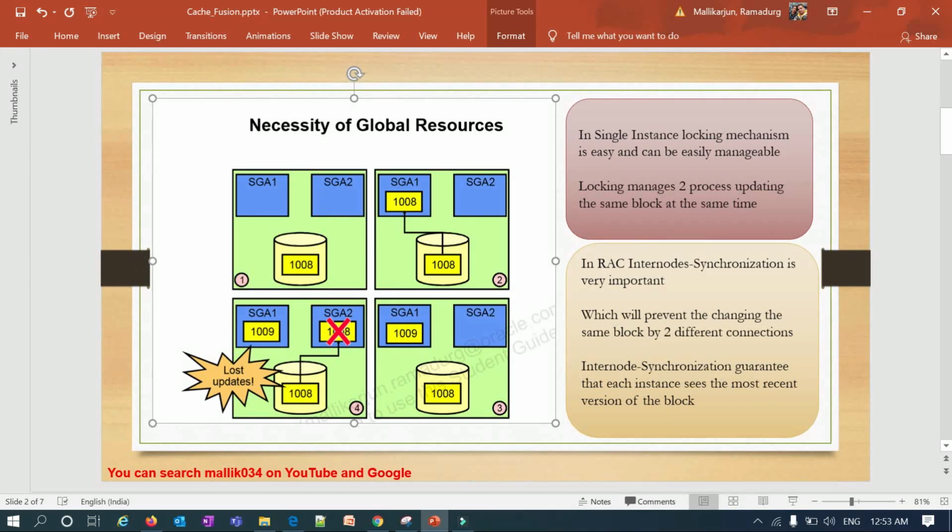In a single instance, the locking mechanism is easy and can be easily managed. What does that mean? The locking mechanism manages two processes updating the same block at a time.